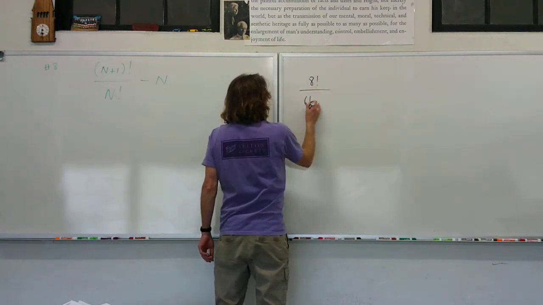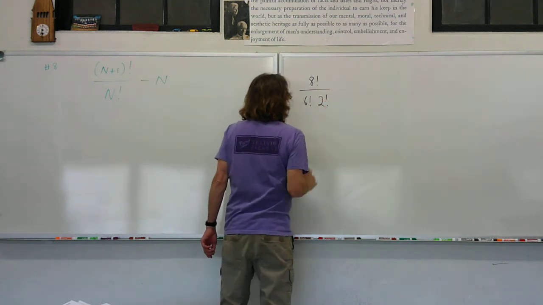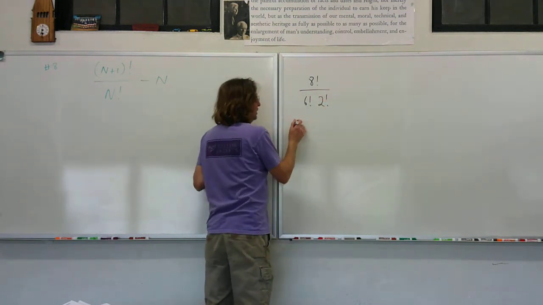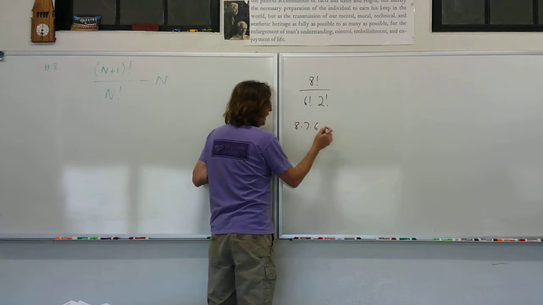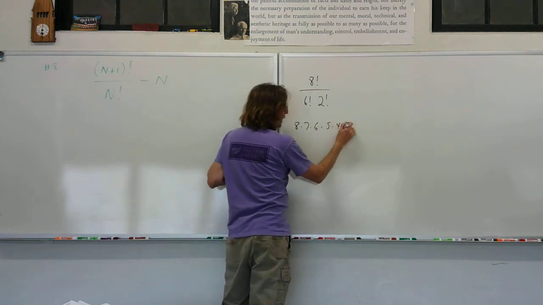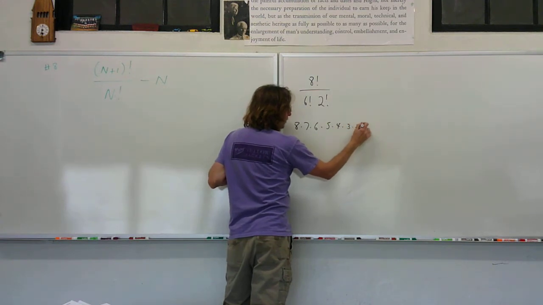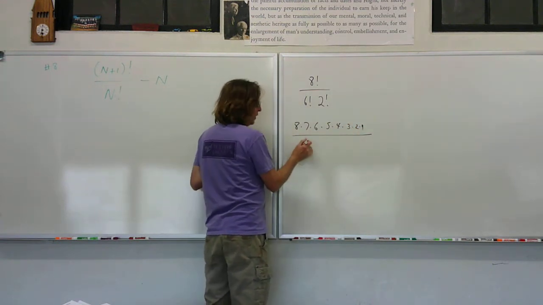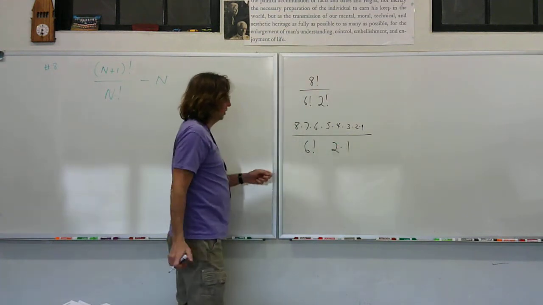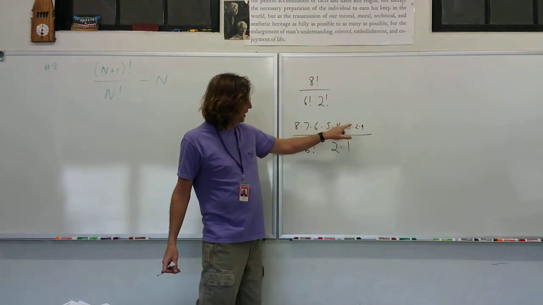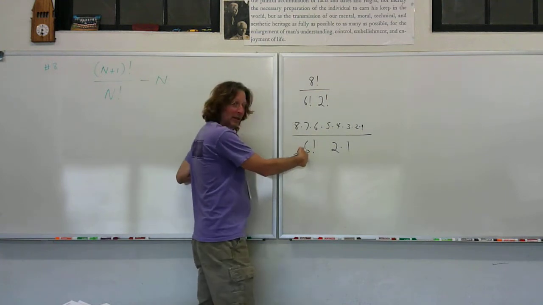6 factorial times 2 factorial. Well, what that means is 8 times 7 times 6 times 5 times 4 times 3 times 2 times 1. And I'm going to go ahead and write all that out even though I shouldn't have, because if you look, that 6, 5, 4, 3, 2, 1 is 6 factorial.